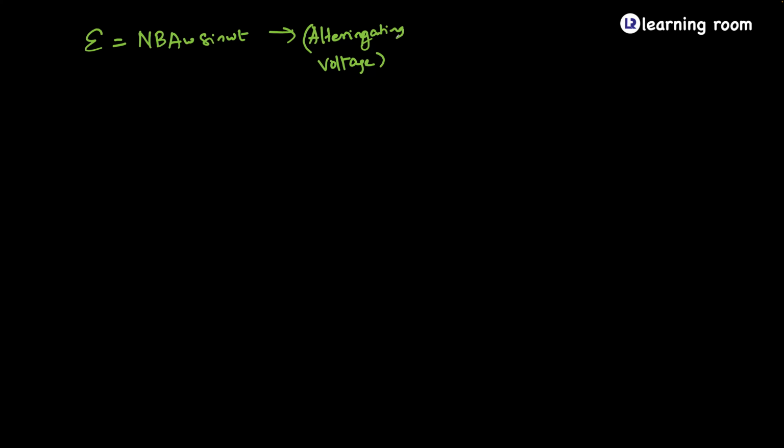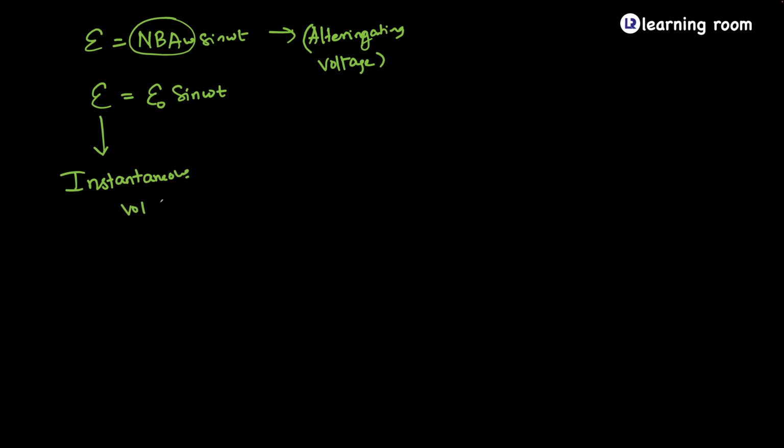Okay. So this NBA omega can be written as a value E naught. I'll tell you what that E naught is. And the sine omega t is left as it is, and this is going to be the EMF. Now, if you observe this, since I call this as alternating voltage, this EMF is what is called as the instantaneous voltage.